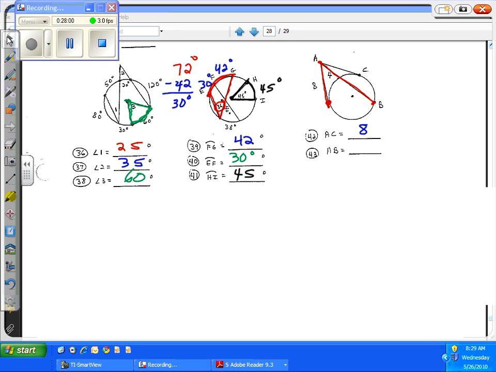If a secant and a tangent are drawn to a circle from a point outside a circle, then the square of the tangent is equal to the product of the secant and its external segment.